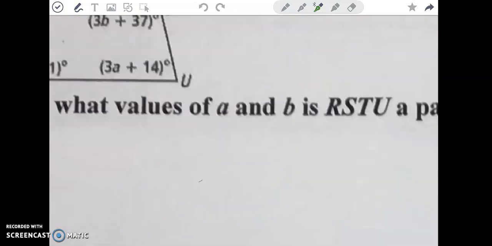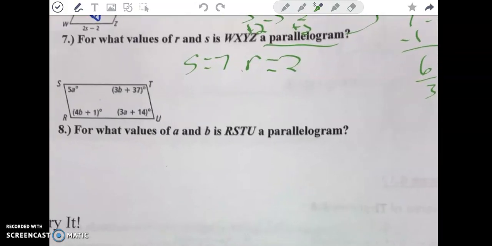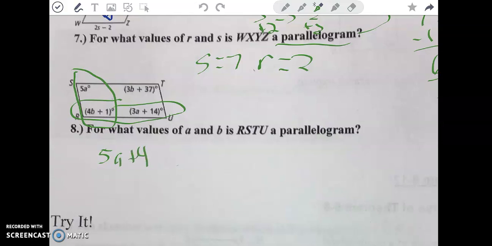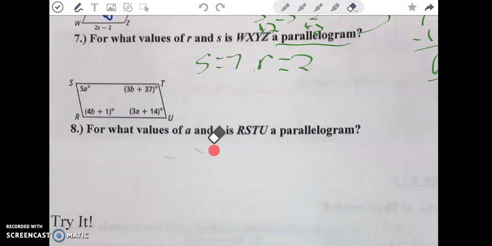What can make this one a little bit trickier is, as we look at things like this, we go, well, this one has a B and an A. We cannot say 5A plus 4B plus 1 equals 180 because I'm not eliminating anything. But since it is a parallelogram, we know that opposite angles are equal.